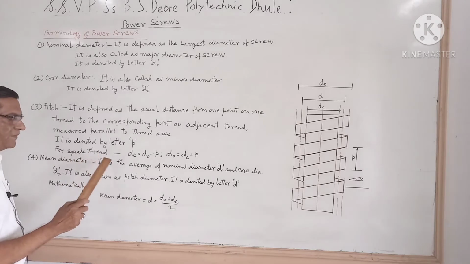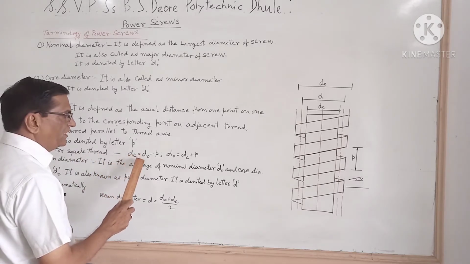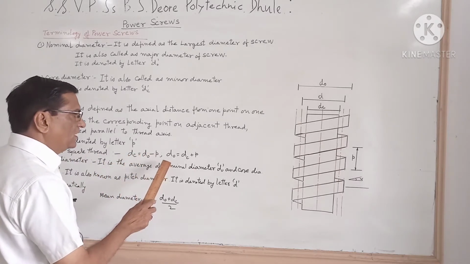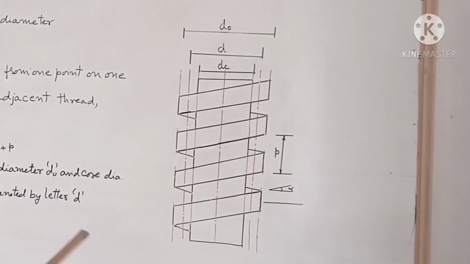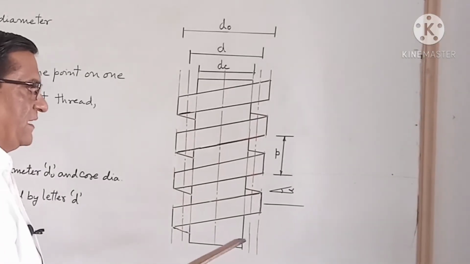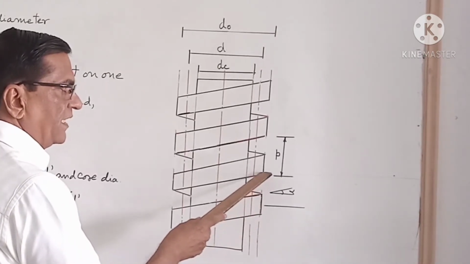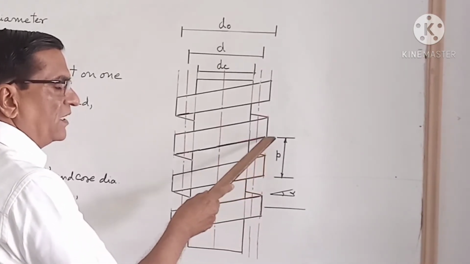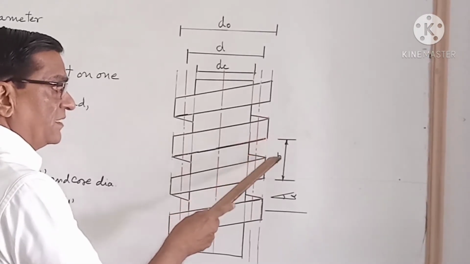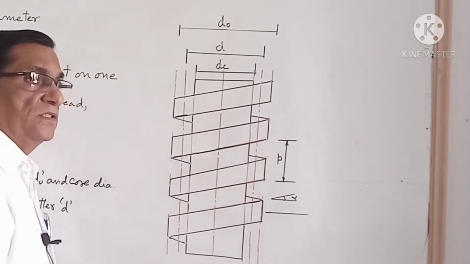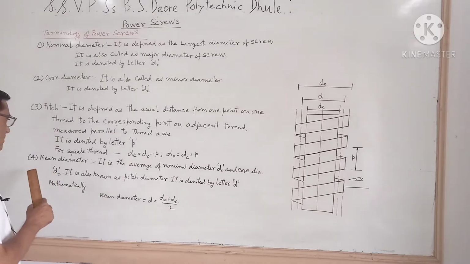For square thread, Dc is equal to Do minus pitch, or Do is equal to Dc plus pitch. This axial distance between corresponding points on adjacent threads is known as pitch.